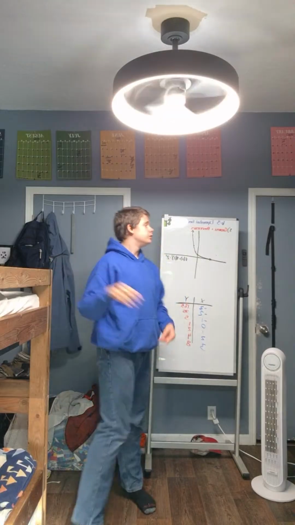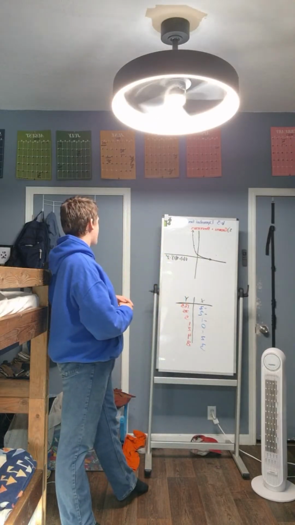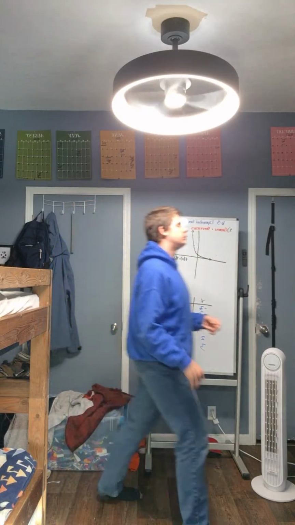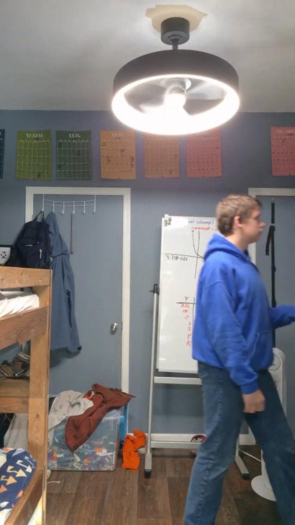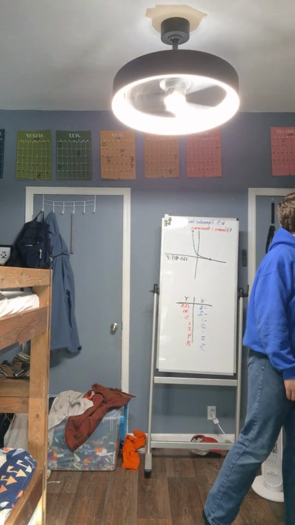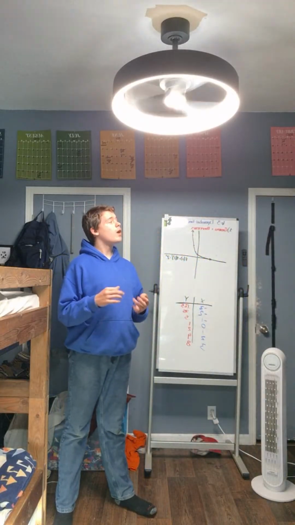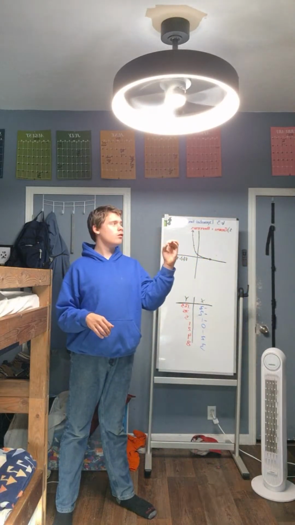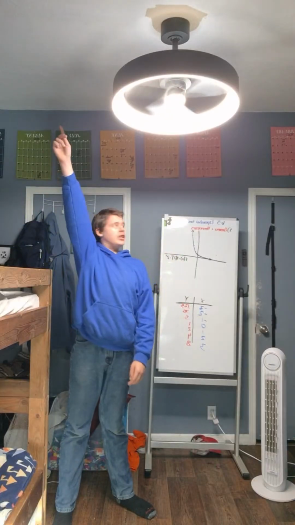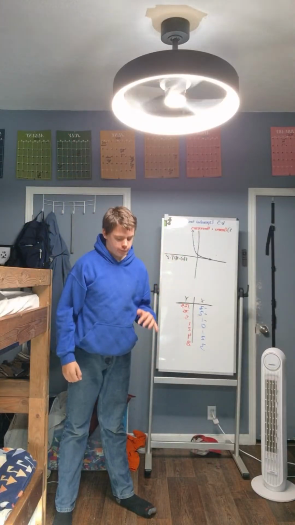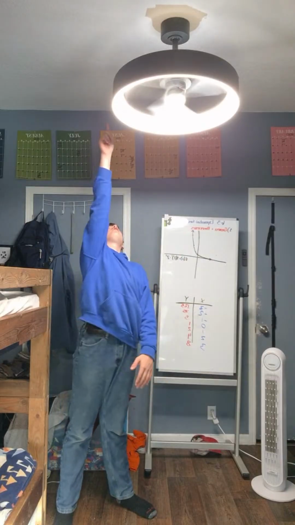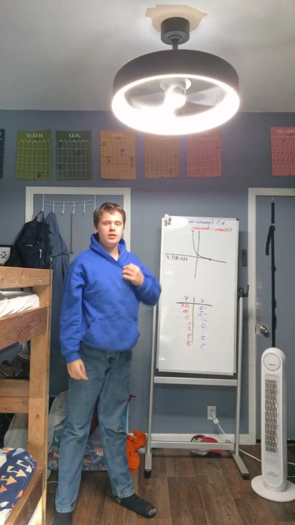Okay. So, graph properties. We're almost at the second section. The range is from 0 all the way to the positive infinity line, so from where I'm standing right now to the very top of the earth.